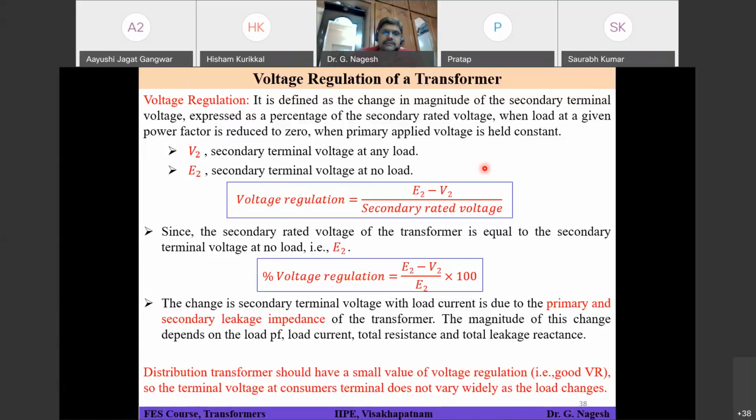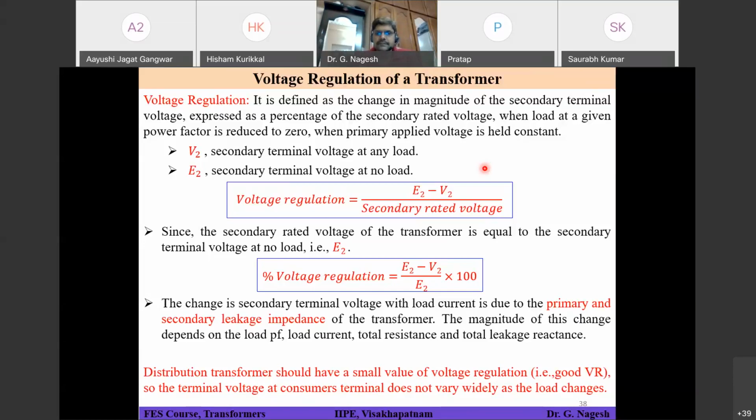But if you see, they will specify that it is not exactly 230 volts. They will say 230 volts plus or minus 5% or 230 volts plus or minus 10%. Some percentage of error will be there with respect to what is specified. That will be coming because of the drop in the distribution line, which is coming from the transformer to your house.